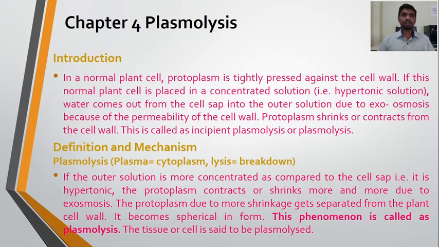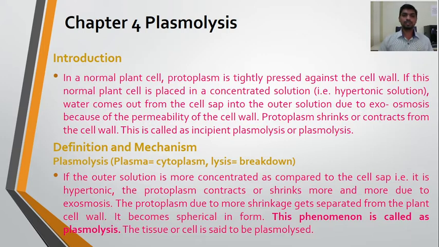As you know, in a normal plant cell, the protoplasm is tightly pressed against the cell wall. Now if we place such a cell in a hypertonic solution, water comes out of the cell sap into the outer solution. This phenomenon is called exoosmosis. Due to continuous exoosmosis, the protoplasm shrinks or contracts from the cell wall, and this phenomenon is called plasmolysis.